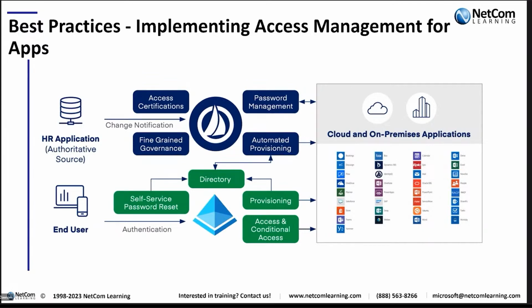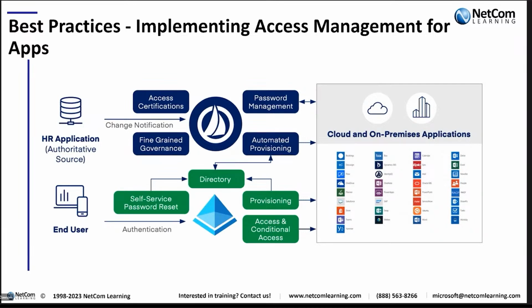Some of the best practices in terms of implementing access management for applications are pretty much the same way that we were looking at other systems as well. In this environment, in this particular case, we've got an HR application, and we have a directory structure, we have Azure Active Directory, and we have whatever the particular application is.